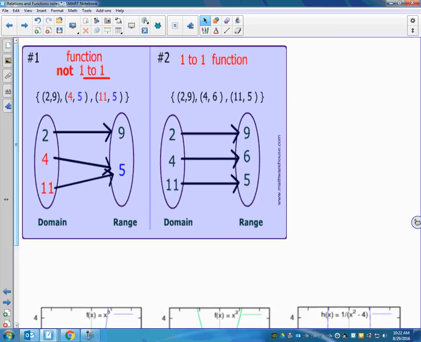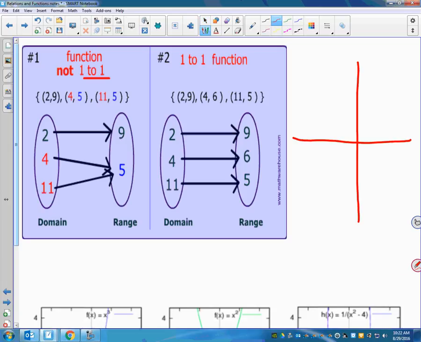Another way to think about a one-to-one function, what was the little test that we do to tell us something's a function, if it's a graph? The pencil test, the vertical line test. Vertical line test, you're checking to make sure all the x's are different. So this is a function, yes? If you want to check if all the y's are different, which way do you think you have to turn your pencil?